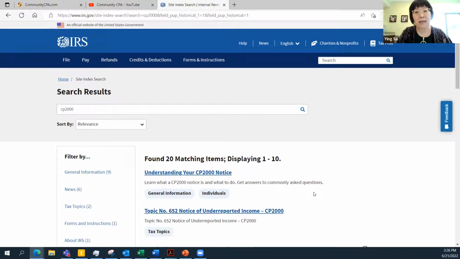And if you don't utilize the IRS website for your research and for your understanding of federal taxes, it is a shame, because this is a free resource, and they're really improving the site literally every day, if not every minute. They're doing the improvement, trying to be taxpayer friendly.